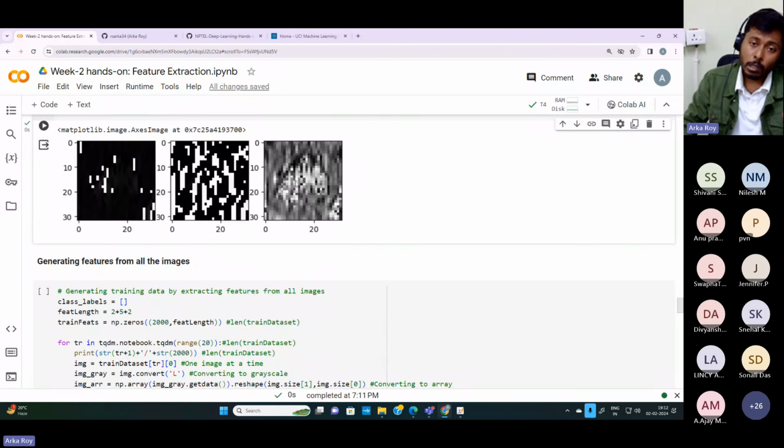So we have to extract all these features for 50,000 images. Definitely you will not be extracting features one by one, taking the first image, extracting features, saving them, then the second image. Instead, we'll write a loop which will extract all these features as a whole, and then we can make use of those features later. We can feed those features into a machine learning or deep learning classifier to get it classified.